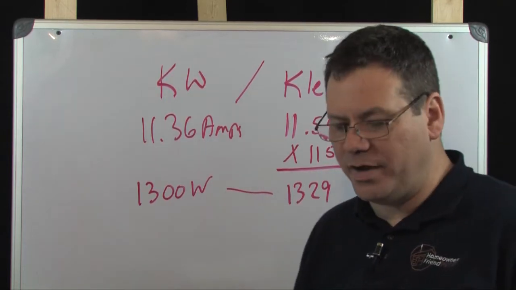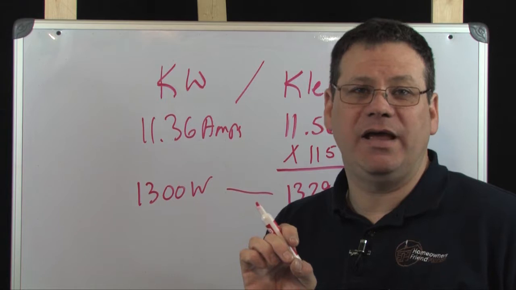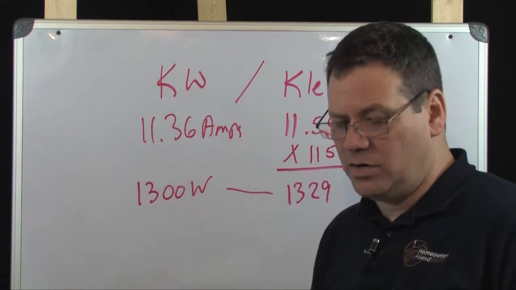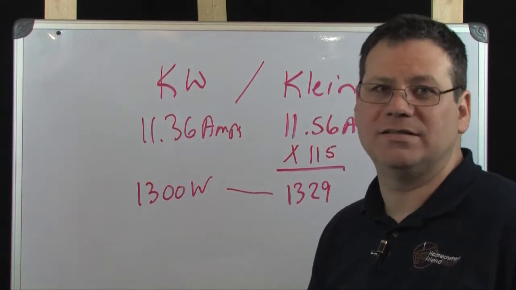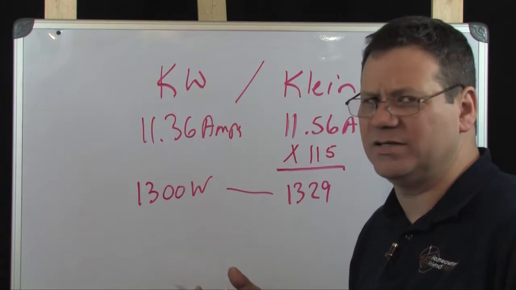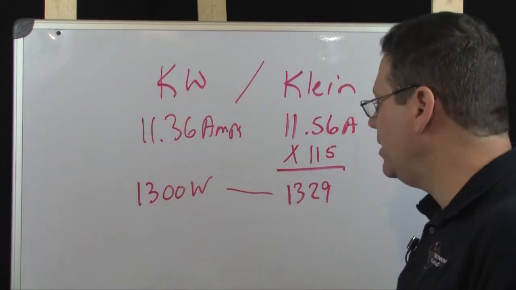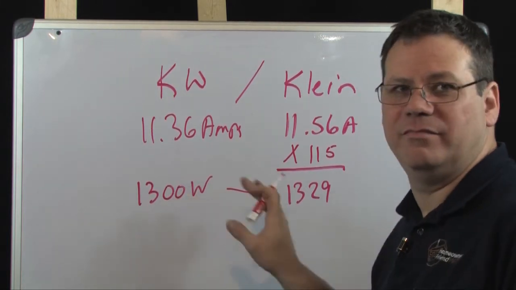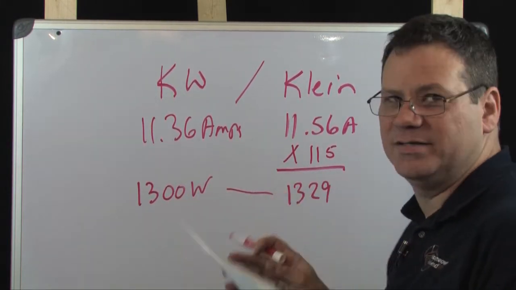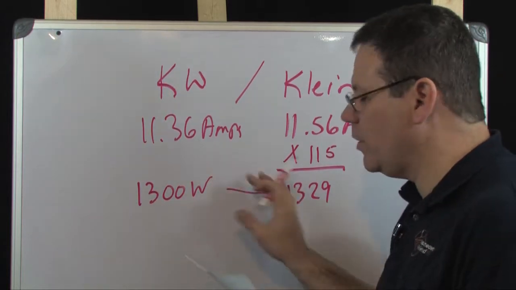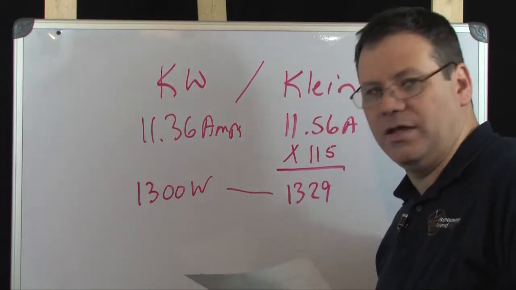Actually, the kilowatt meter is advertised as being accurate within 2%. 2% of 1,300 watts is 26 watts, so it's about right there. I don't know exactly how accurate the Klein is either. Neither of them are perfect, but they both came in pretty close.